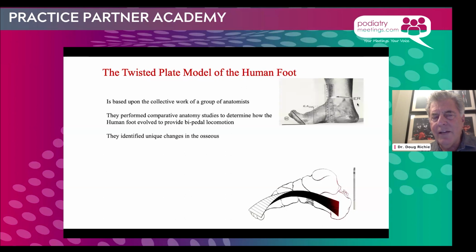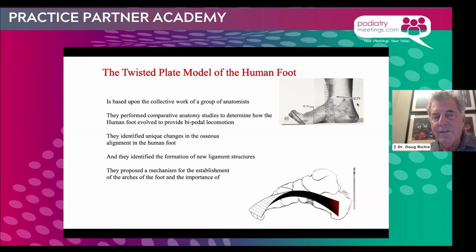And in so doing, they really identified these unique changes in the osseous structure, as well as the formation of new ligaments in the human foot that are not seen in other primates. They proposed a mechanism of how the arch mechanism of the human foot is established, and also how the windlass mechanism is engaged for optimal foot function.